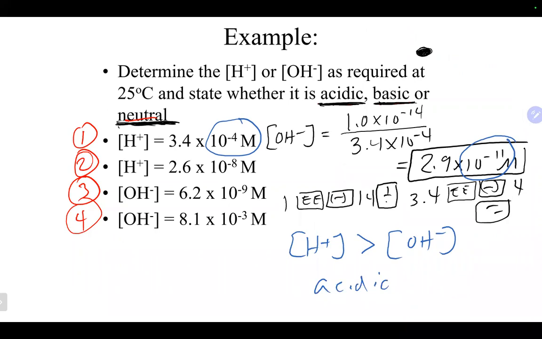Remember that when you have a negative exponent, the smaller number is the larger number, because times 10 to the -11 means you're going 11 places that way and putting zeros, which makes it a very small number, versus 10 to the -4, which you're only going 4 places that way and putting zeros. So the negative part is really important there from that comparison. Question on that one there?